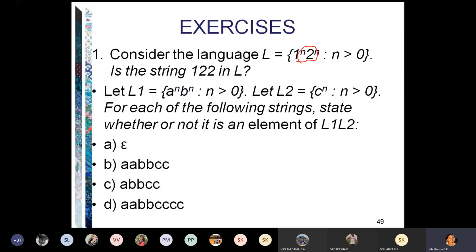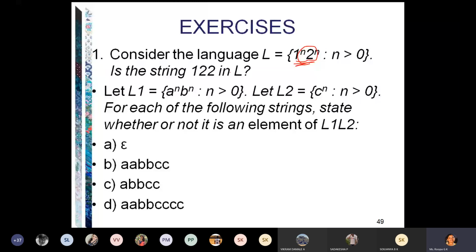Here, if the format is not given, and just the number of ones and number of twos are equal, then your answer is yes. 2 to 1 1 would also belong to the language because the number of twos and number of ones are equal. But in this case, the format is given. Always the number of ones are followed by the number of twos. So, 2 to 1 1 is not belonging to the language L. Clear? Yes, ma'am.